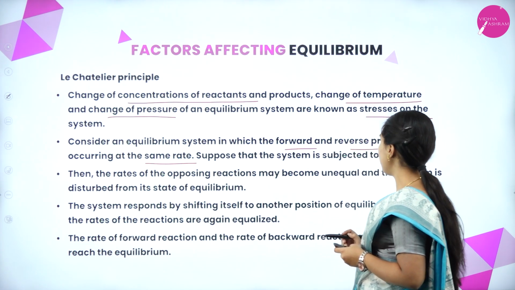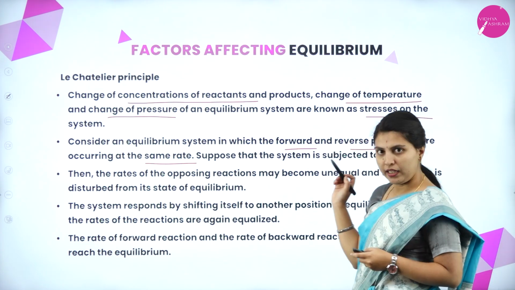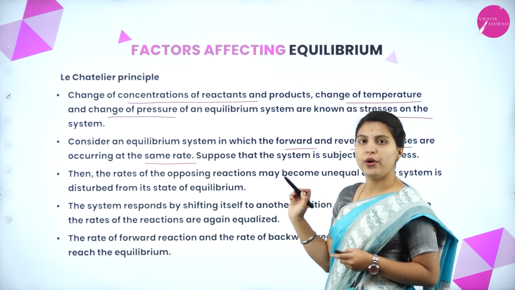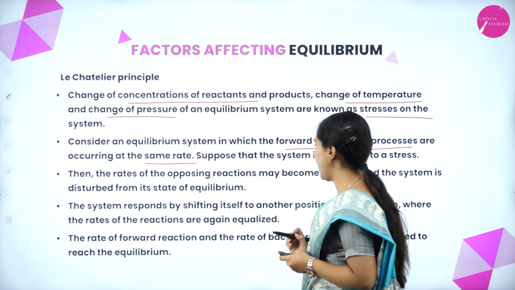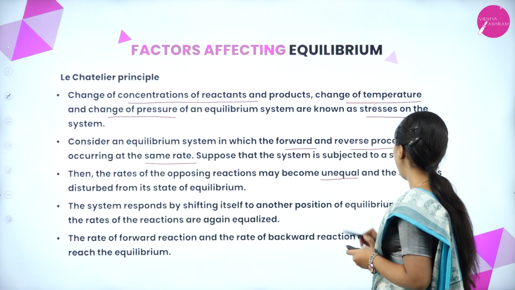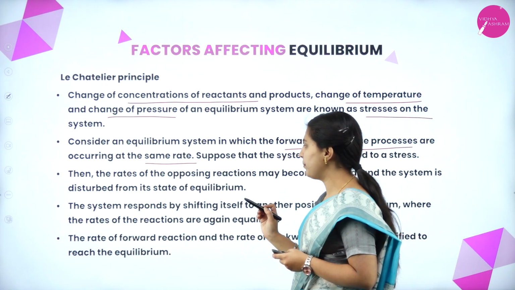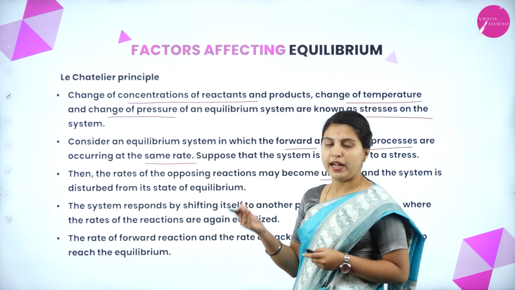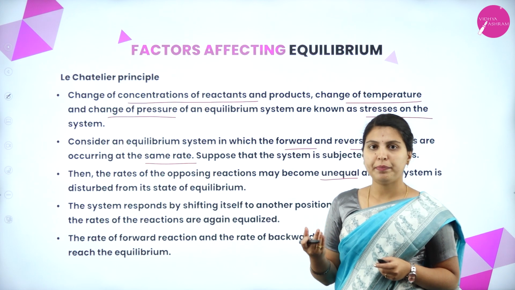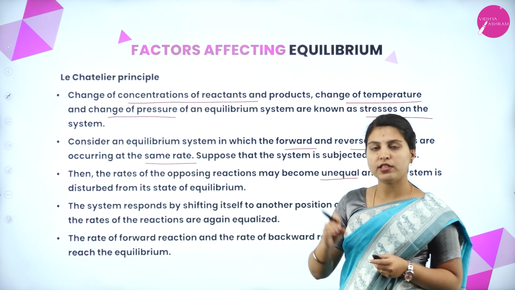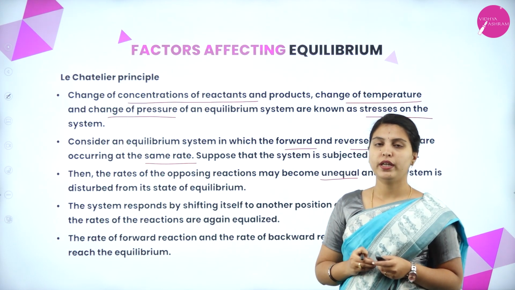Suppose that the system is subjected to a stress. Then the rates of the opposing reactions may become unequal and the system is disturbed from its state of equilibrium. At the same time, the forward and reverse reactions are happening, and stress is also subjected to those reactions.